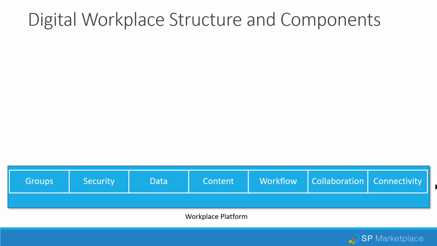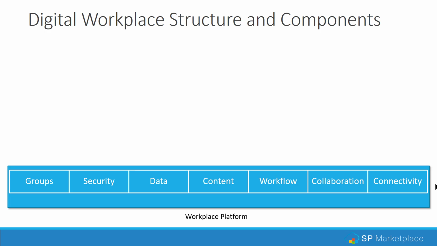Things like user and group management, security and permissions and governance, data, that being structured data, and the ability to store data and share data, managing content, whether it be a web page or site page, or documents and media, the ability to automate process through a common workflow capability.